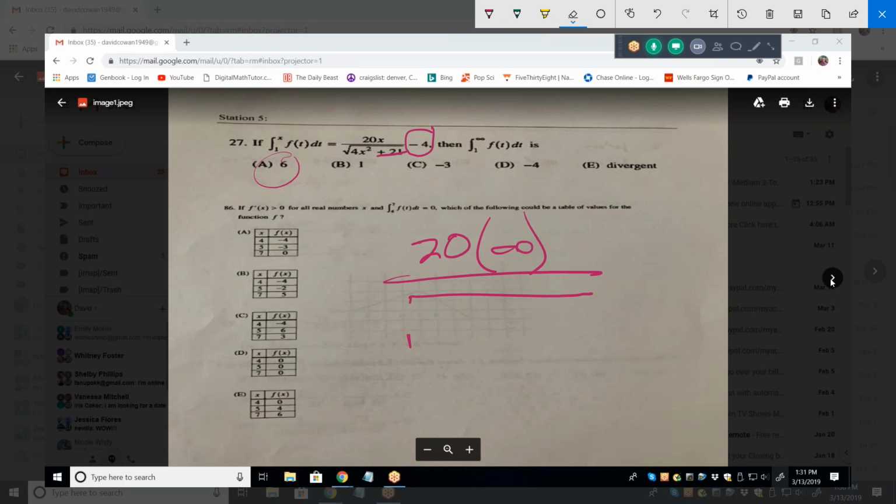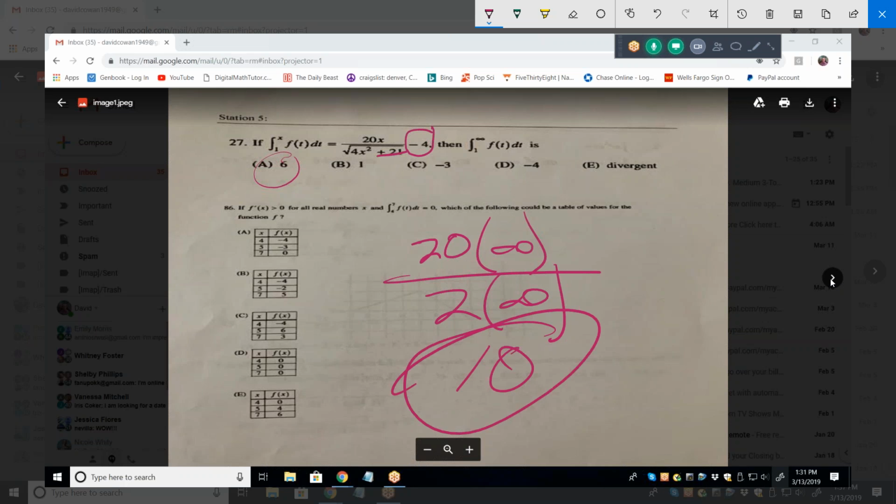So I'm basically 2 times infinity. This is a case of what is the limit, and the limit is always the ratio of those coefficients, which is 10. And that's what I originally kept coming up with, and it wasn't on there. That's because I failed to account for that minus 4 right there. 10 minus 4 is 6.